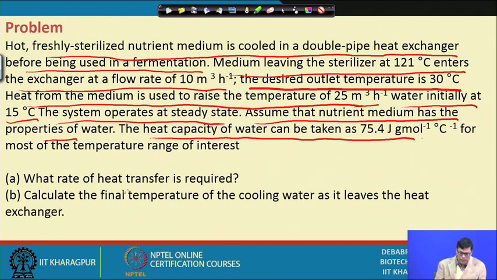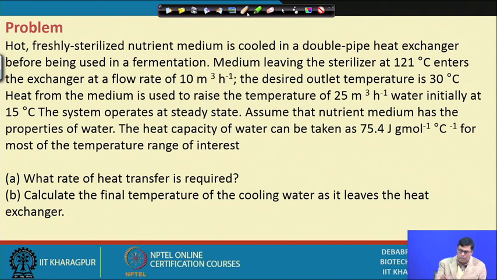Now, what rate of heat transfer is required, and calculate the final temperature of the cooling water as it leaves the heat exchanger. So, this is the problem that we shall have to solve.